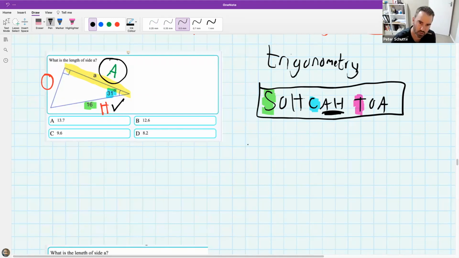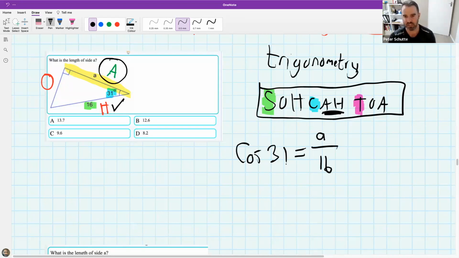And so A and H involve the trig ratio cos. So what you do is you write the cos, and then you write the angle that is given in the triangle. So cos of 31 is equal to A, and this is big A, but it goes with little a, over 16. And so we say the cos of 31 is equal to A over 16.